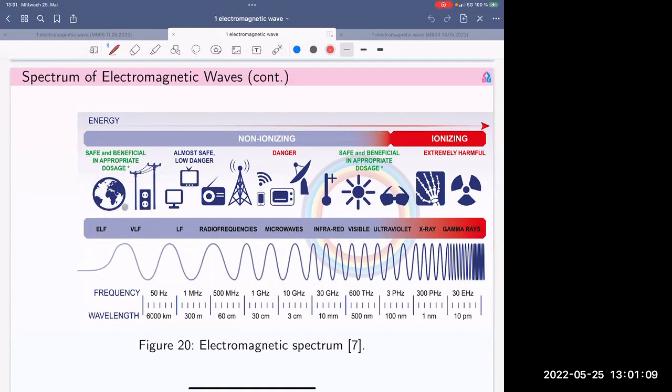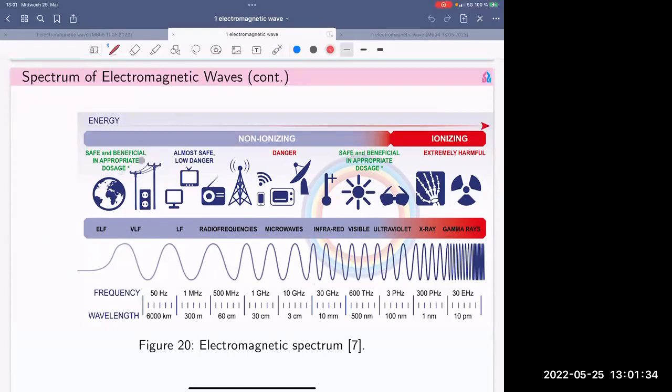This is called extremely low frequency band. There could be many names of bands in electromagnetic wave. This is called extremely low frequency. It has special feature. It's safe. It's beneficial.